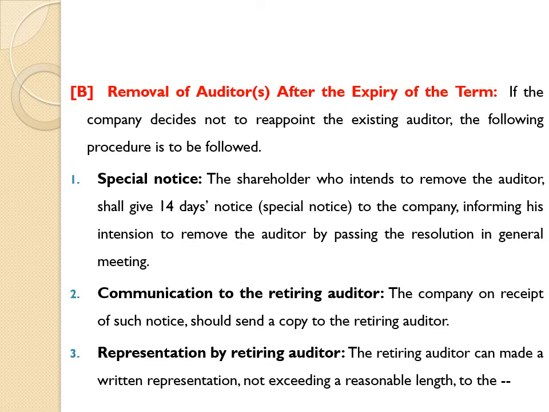And lastly, if an auditor is working for the company, before removing him from his duties there is a need to hear the auditor in the general meeting. That is based on natural justice.